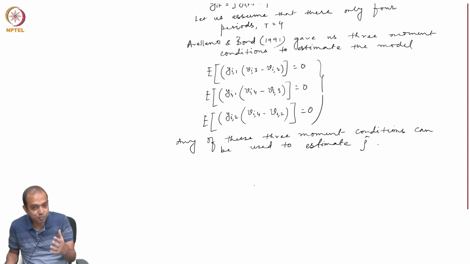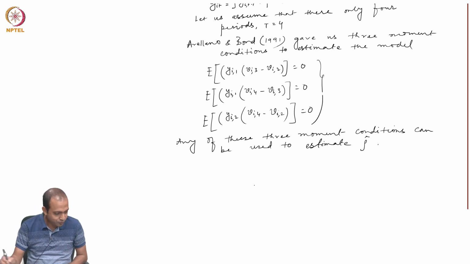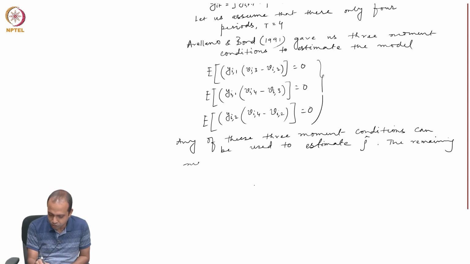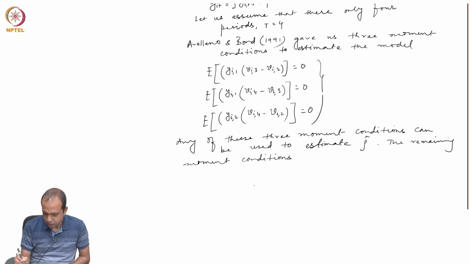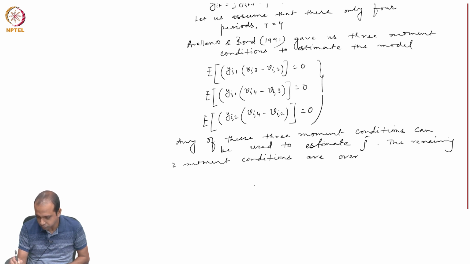As you know, what is GMM basically? GMM is taking the population moment condition and converting it into the corresponding sample moment condition, and when you have more than one moment condition like the way we are getting here, the remaining moment conditions are basically over identifying restrictions.